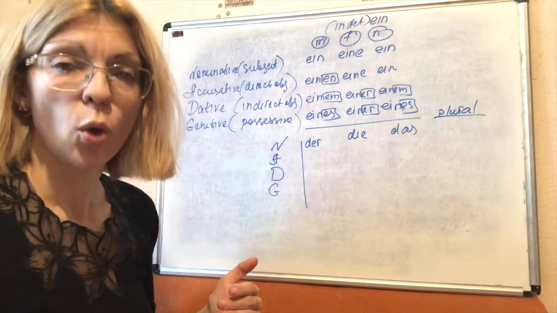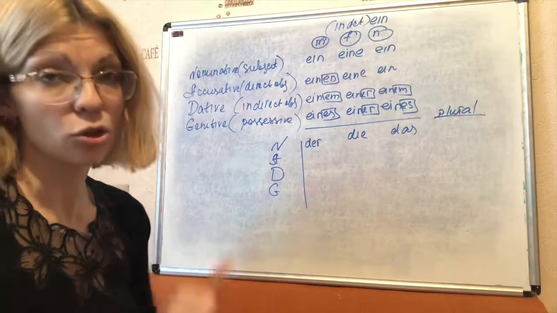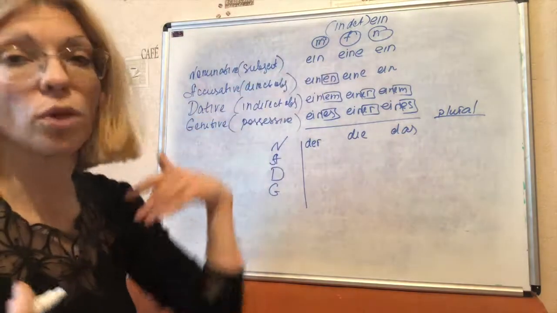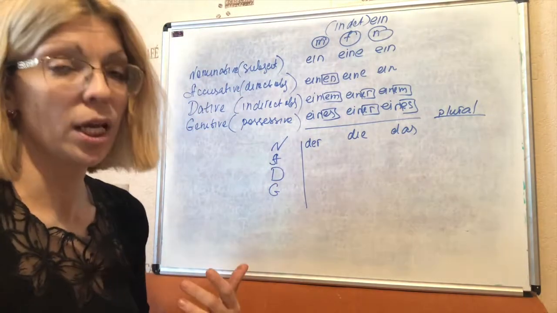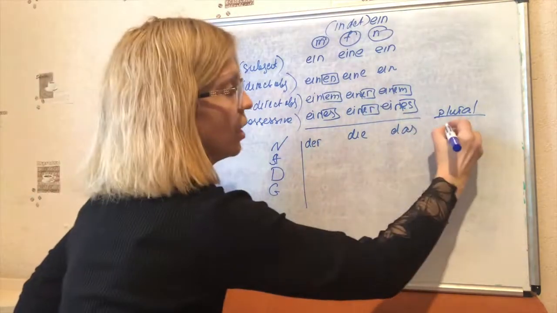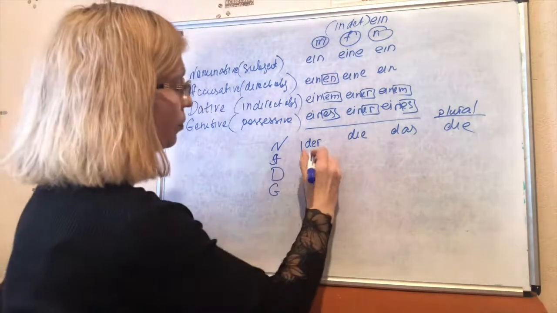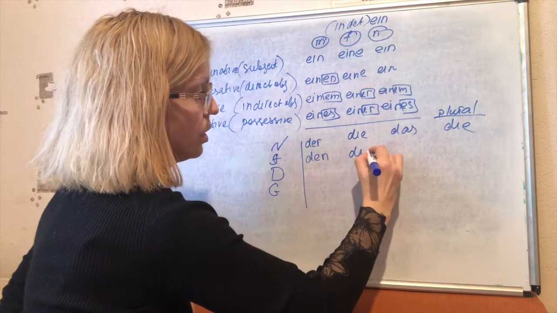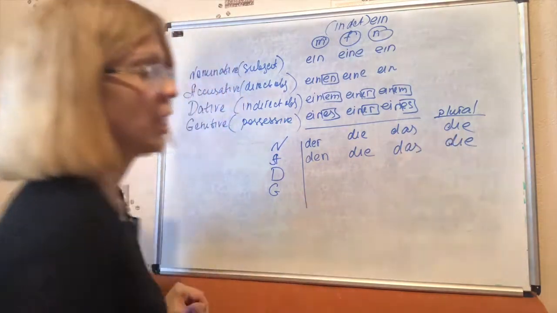Like in English, we don't use the indefinite article with the plural. In German, it happens the same. We don't use the indefinite article ein with the plural, but we have a definite article for the plural. In German it will be der, die, das und die. Okay? The next, accusative case: den, die, das und die.